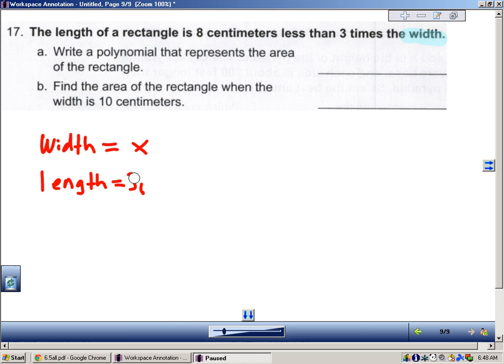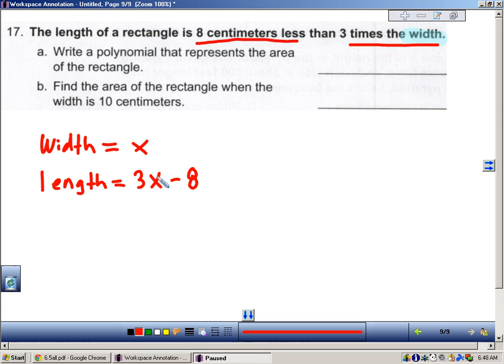Okay. The length is 3 times the width, right? And 8 less. So 8 less than 3 times the width. So 3 times the width would be this portion here. 8 less is that minus 8. Okay? So that's the proper way of writing that. So it's tricky.